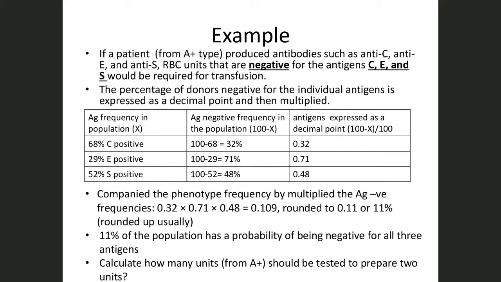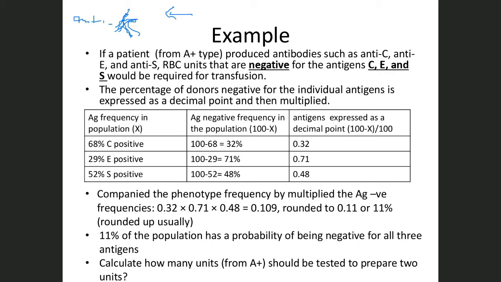So we have an example here. If a patient has anti-BK, I have to know how many people lack this antigen, how many don't have this particular antigen, then do the calculation.